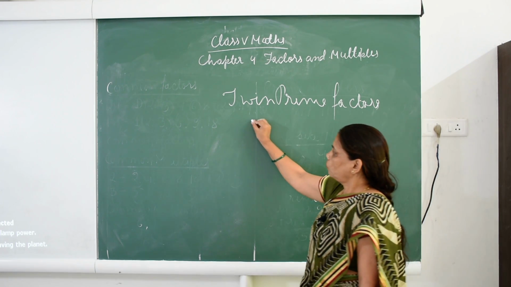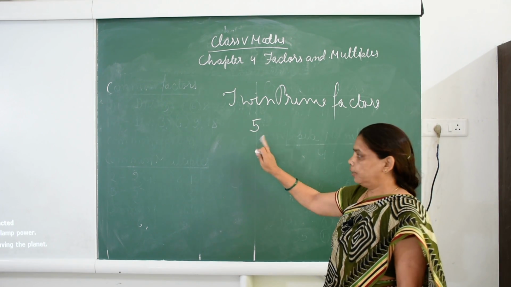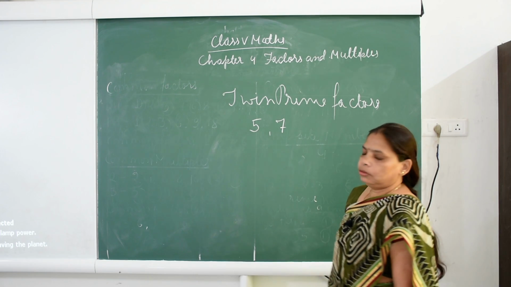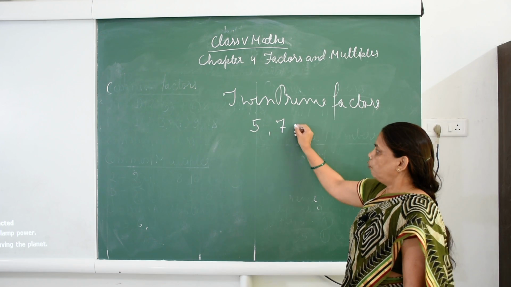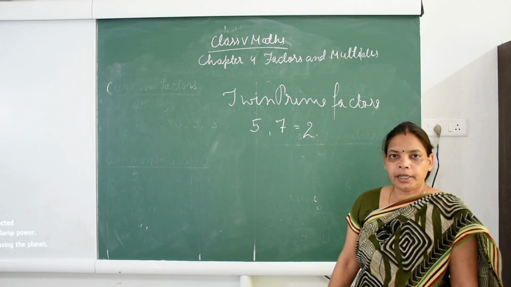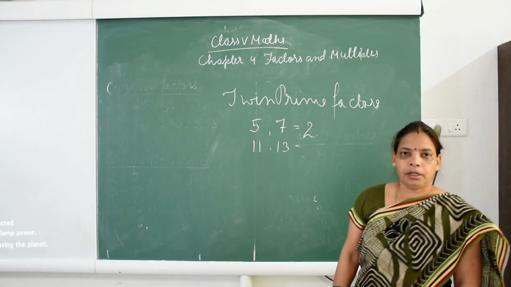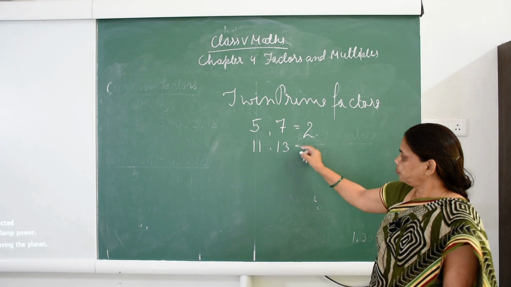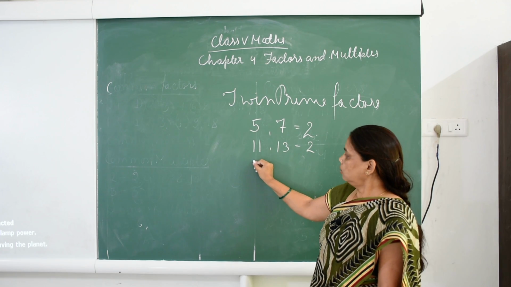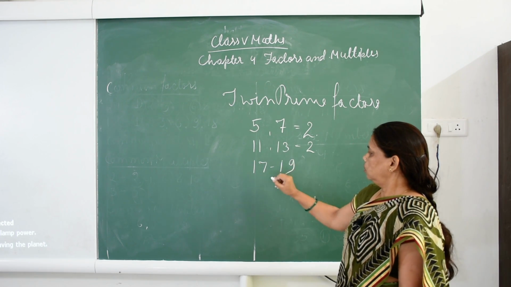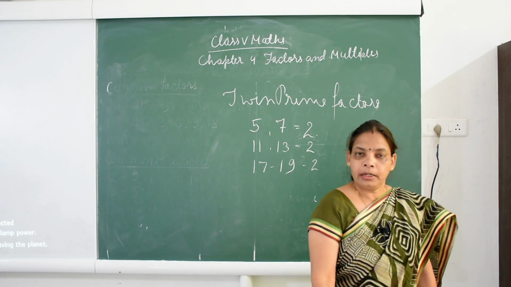For example, 5 is a prime number, it has only two factors, 1 and the number itself, and 7 also has two factors, and difference means subtraction. So 7 minus 5 is equal to 2. And take another example, 11 and 13. So 13 minus 11 is 2, and 19 minus 17 is 2. So these are the twin prime numbers.